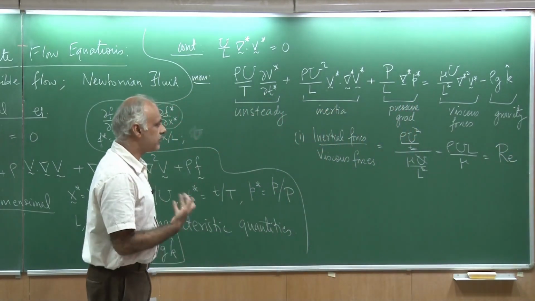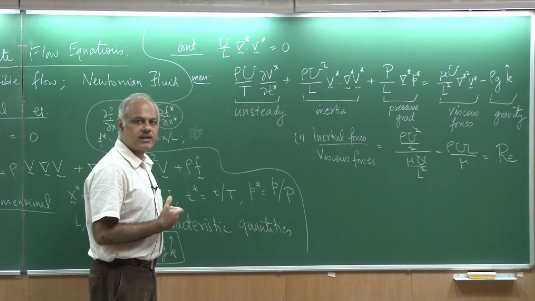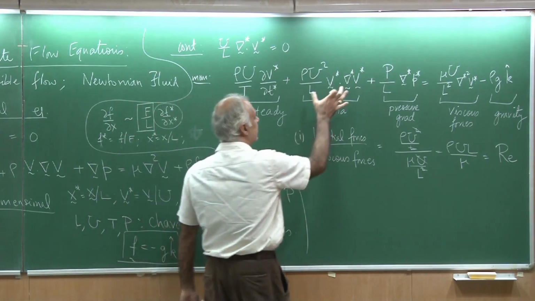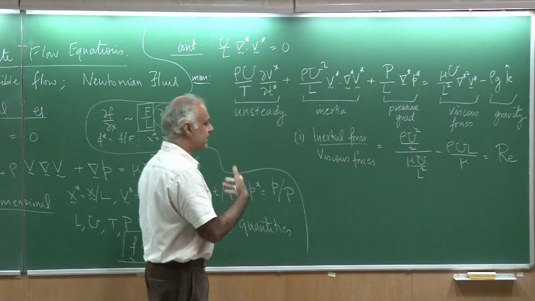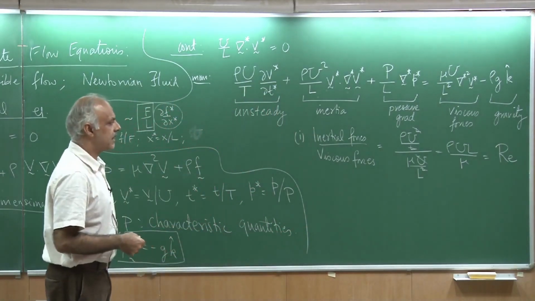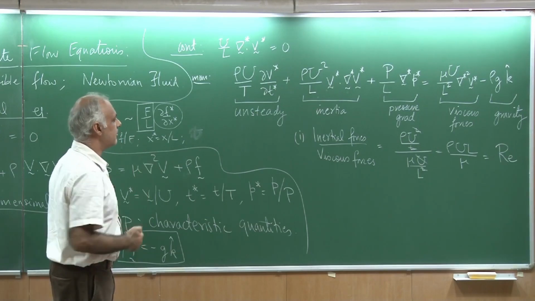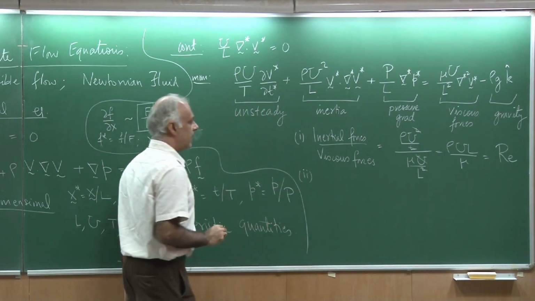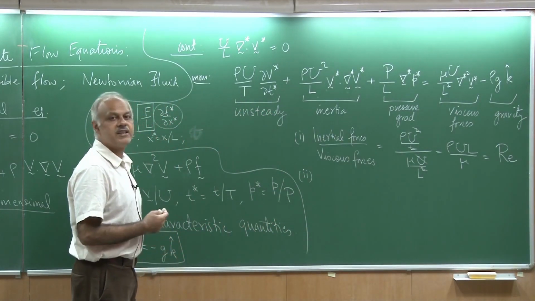Okay? And that's what we had argued earlier, that the Reynolds number tells me the relative magnitude of the inertial forces to the viscous forces. So this information is clearly available from the equation. Okay, let's move on. Suppose now I want to know, what about gravity?